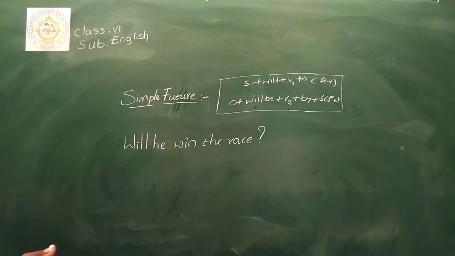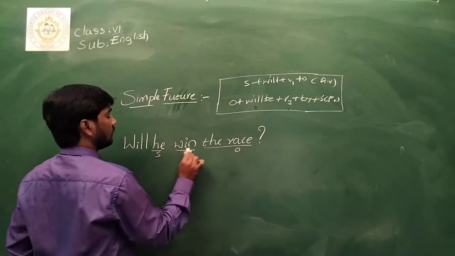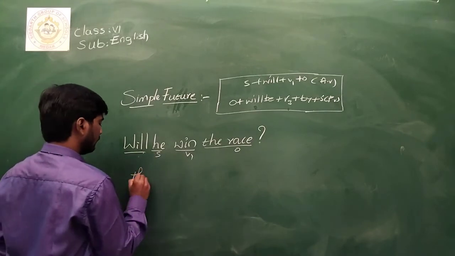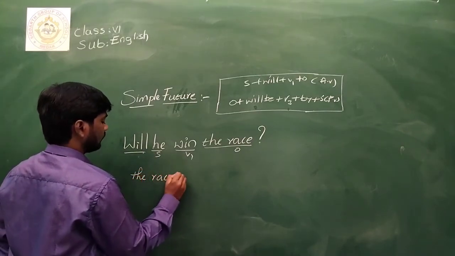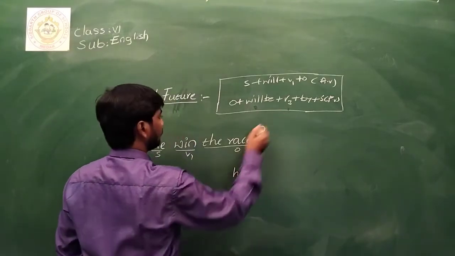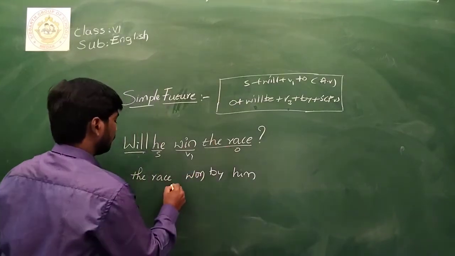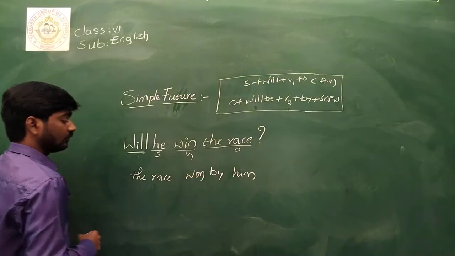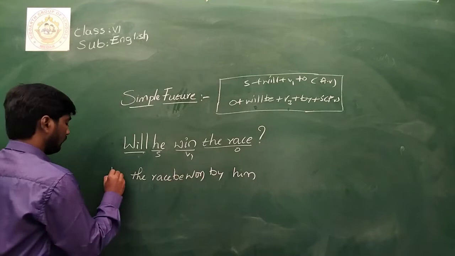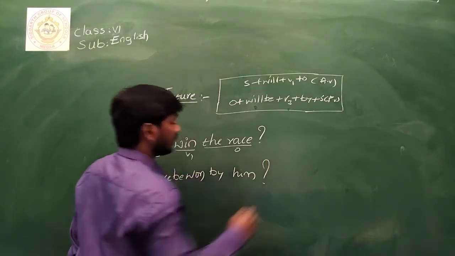Will he win the race? Subject, object, auxiliary verb. Change. The race, next, him, by, one auxiliary verb. Will the race be won by him?